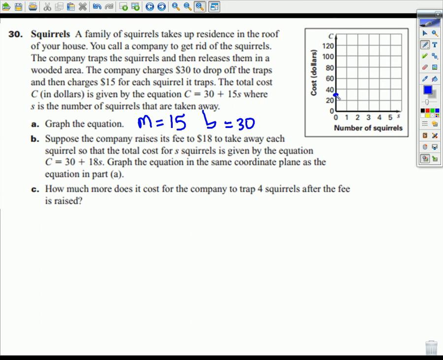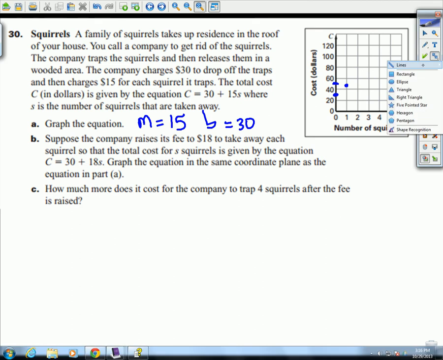So I'll come up here and put my y-intercept on the 30. My slope is 15, so I'm going to rise 15. 30 plus 15 is 45, so maybe right around in here, because 50 would be right around in here. So 45 I'll say is here, and then my run is 1. And then when I graph this, I technically want to just graph a ray.